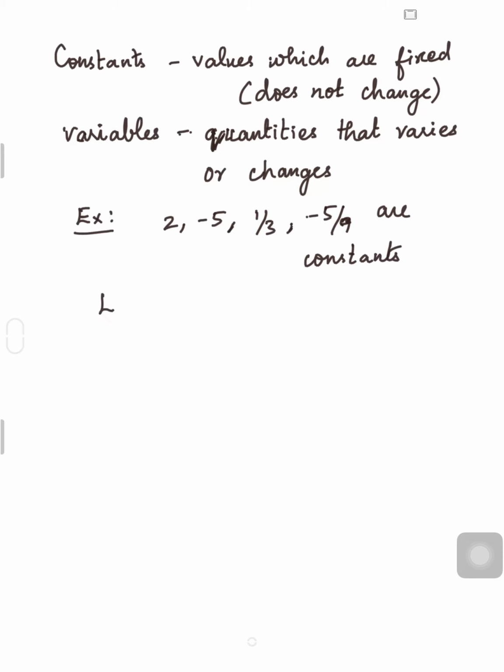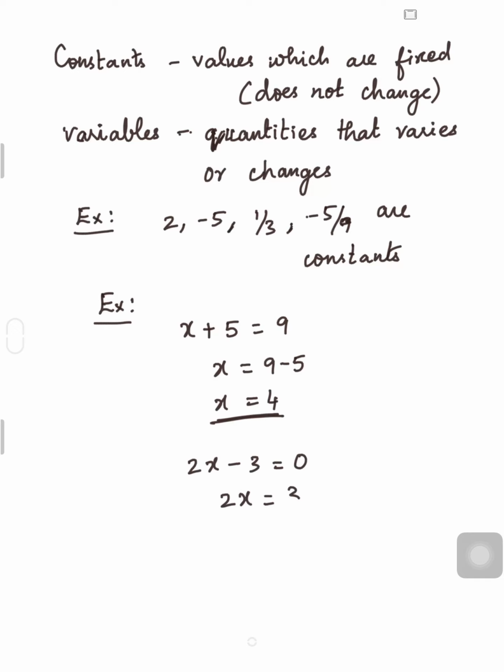So let me give you some examples where the variable's value keeps changing. Suppose I say x plus 5 is equal to 9, then the value of x is equal to 9 minus 5, that is equal to 4. So here the value of x is equal to 4. Suppose there is another problem where 2x minus 3 is equal to 0, then 2x is equal to 3, so x is equal to 3 by 2.